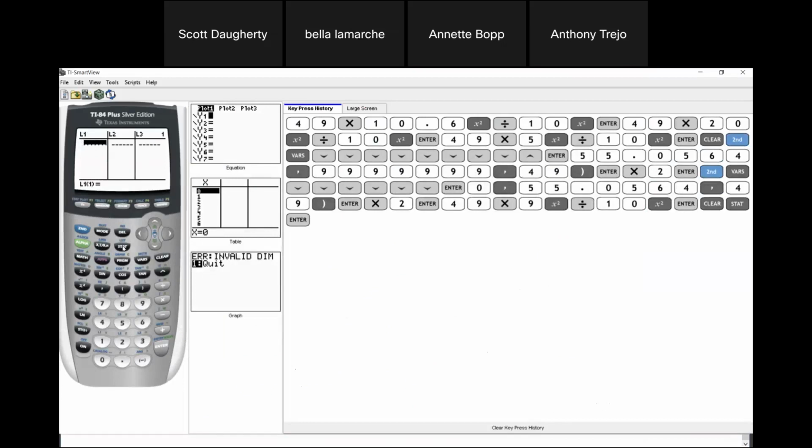And then remember, you can go to stat. After you enter it in, you go back to stat, and this time you go to calculate, then go to one variable statistics, and scroll down to S sub x.